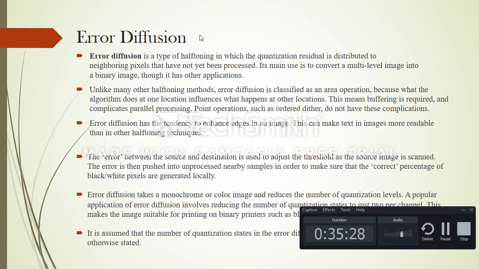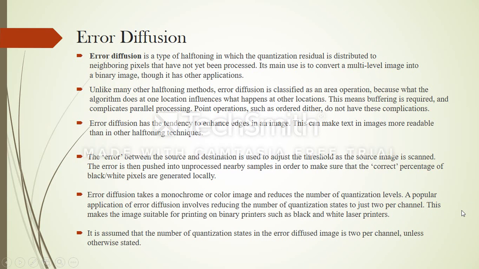Error diffusion takes a monochromatic or color image and reduces the number of quantization levels. A popular application of error diffusion involves reducing the number of quantization states to just 2 per channel. This makes the image suitable for printing on binary printers such as black and white laser printers.